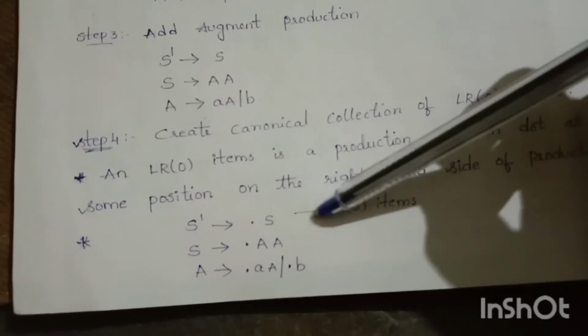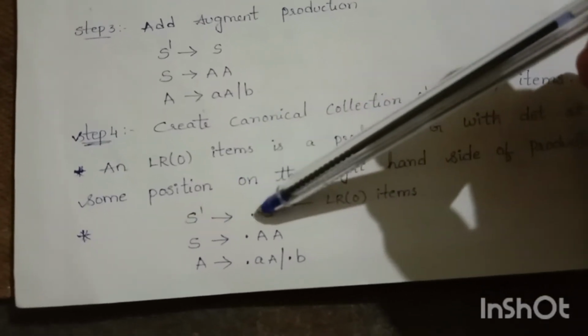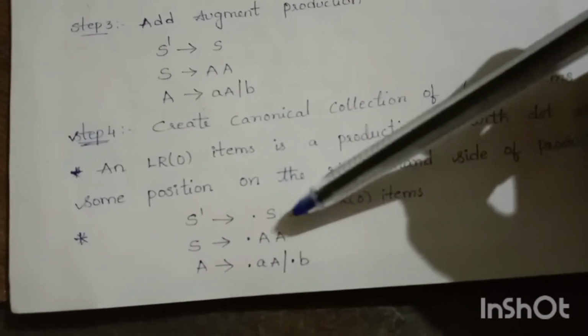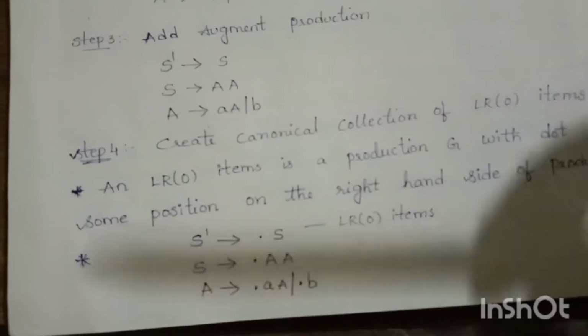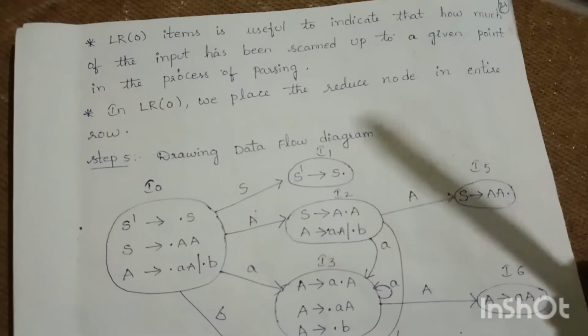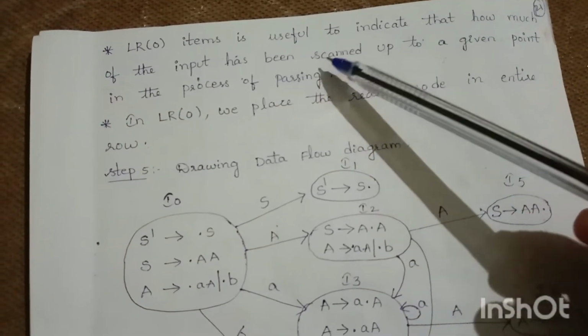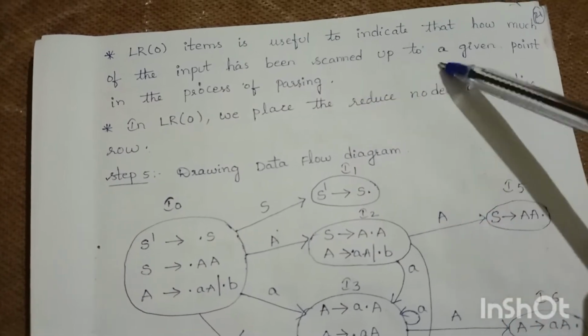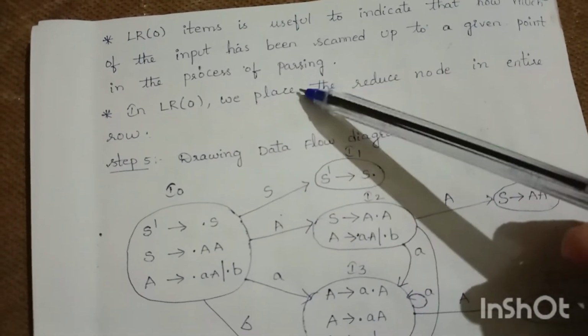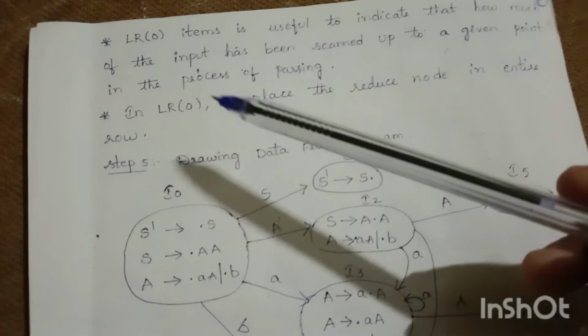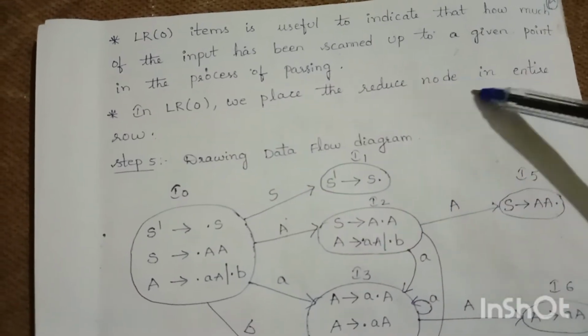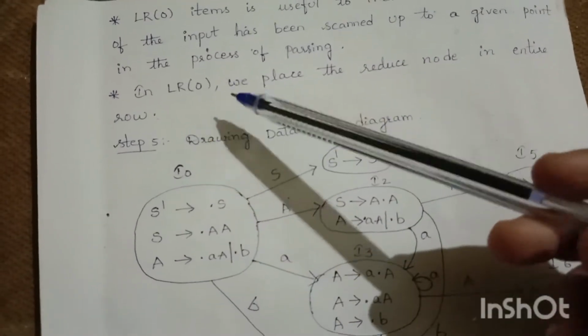LR0 items are useful to indicate how much of the input has been scanned up to a given point in the process of parsing. In LR0 we place the reduce entry in the entire row.